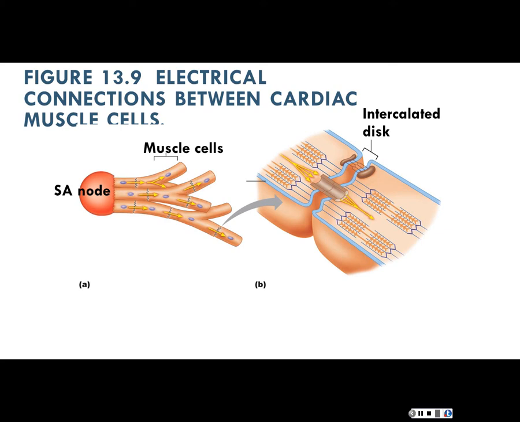One type of junction that you'll find at your intercalated disc includes things called desmosomes. You may recall those in that they're basically interlaced proteins between two cells to distribute tension and prevent tearing.